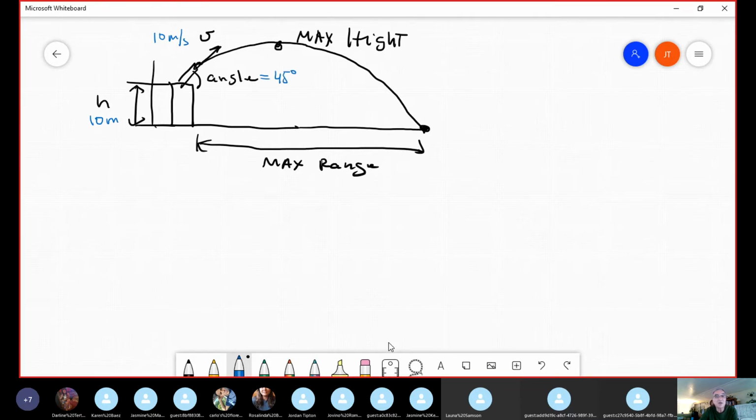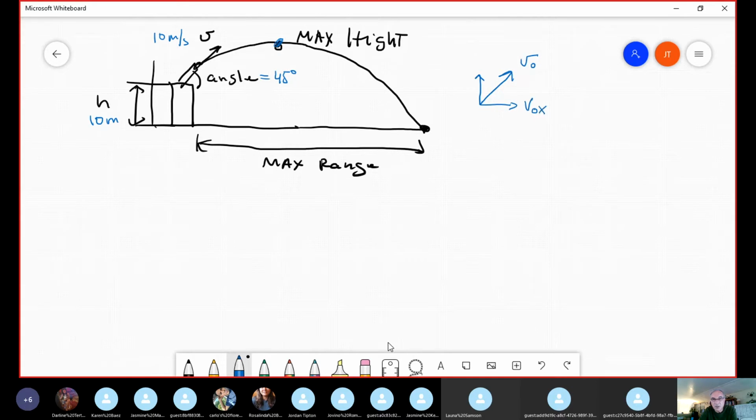For this condition, I need to find the maximum range and the maximum height. Do you understand the basic idea? So for the formula, when you took physics, you understand it very well. The velocity is a vector, v naught, initial velocity, and you decompose it into two components.